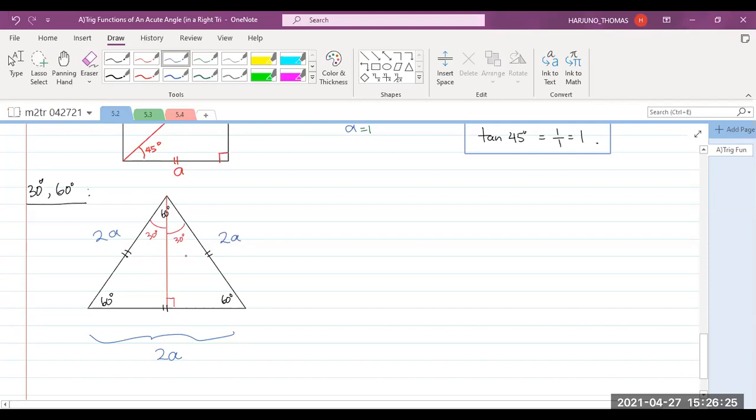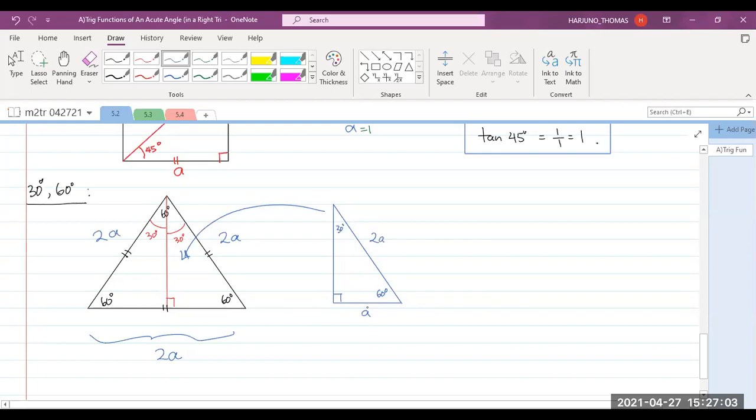Now, if I pick one of the right triangles out, then this angle here will be 60 degrees, this is 90 degrees, this is 30 degrees, this is 2a, and this must be a.